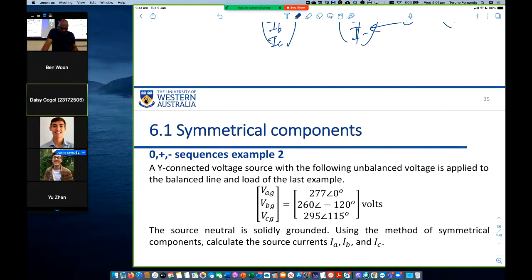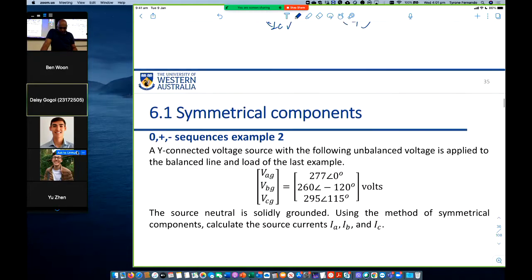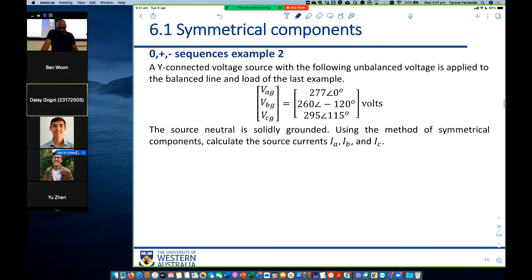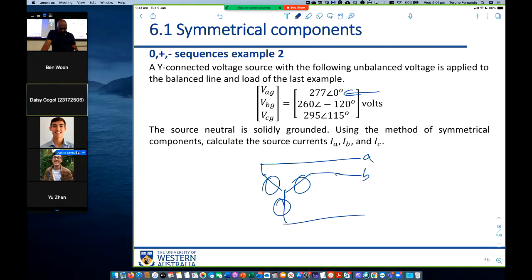Here we have example 2: a Y-connected voltage source with the following unbalanced voltages. Let's say this is A, this is B, this is C. A to ground we have one value, B to ground another value, C to ground another value.